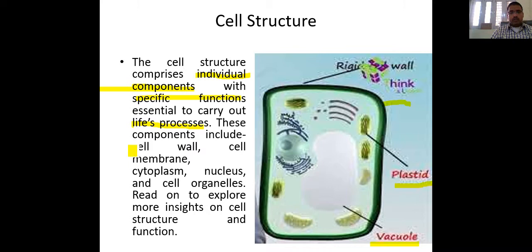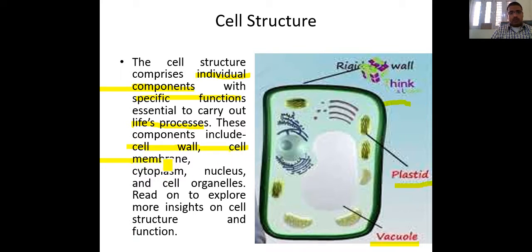It may be the cell wall. The cell wall is basically a layer which is formed after the plasma membrane. The plasma membrane is also known as a cell membrane.